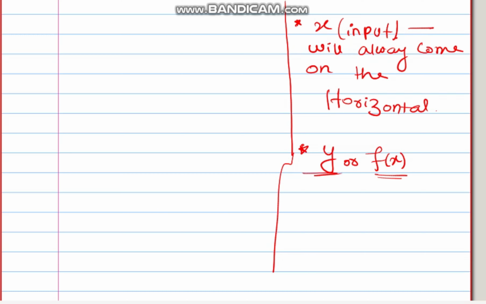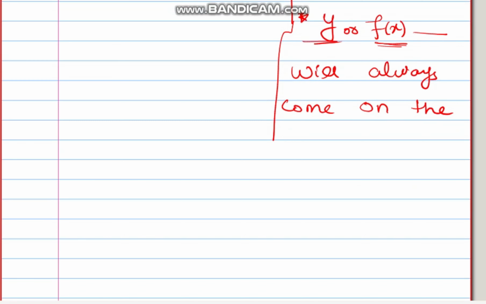So if you don't understand these things, then please watch the previous lecture on the YouTube channel. I shared the link with you. So y or f of x will always come on the vertical line.